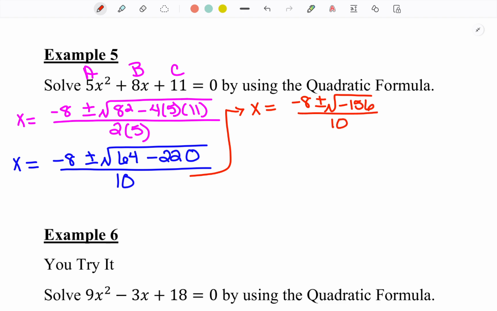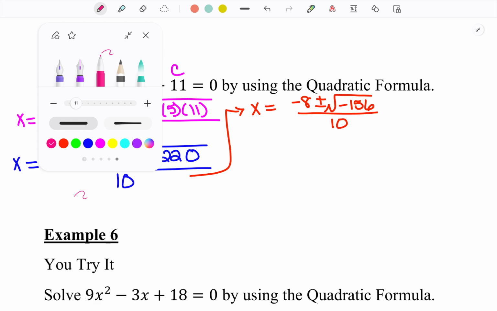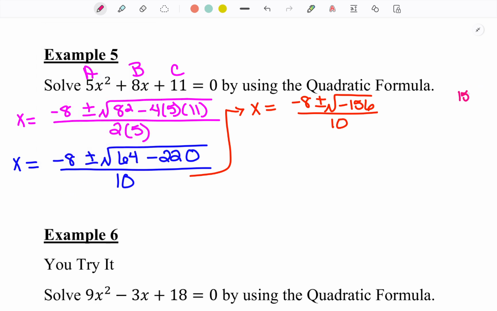So then we need to simplify that square root of 156. So we're going to take 156, we're going to divide it by 2. That leaves us with 78. And then we are going to divide by 2 again. That leaves us with 39. That won't divide by 2, but it will by 3 and leaves us with 13.